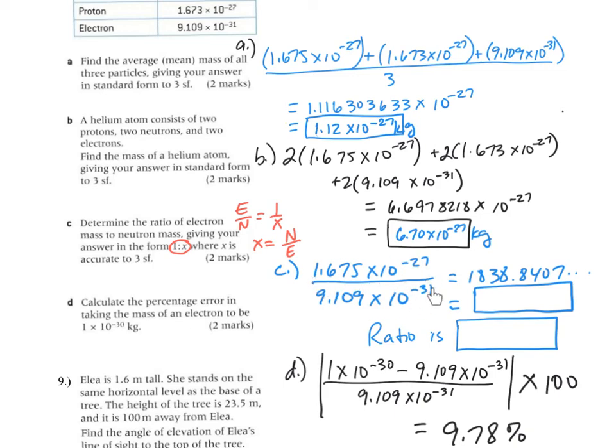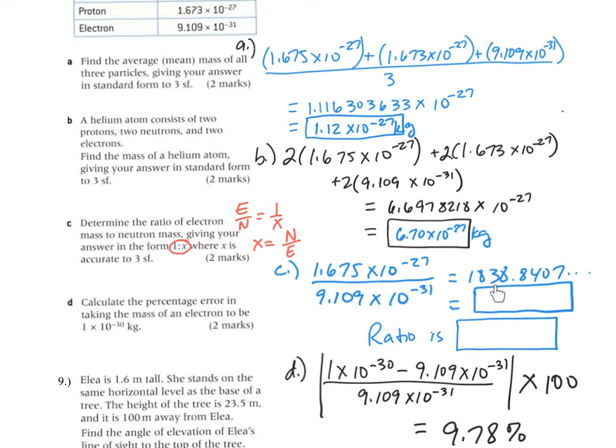And then let the calculator do this. By the way, all of these calculations are done completely on the calculator. Just type it into Desmos as it appears. This is what we're going to get. We don't need to put that answer in standard form, but we do need to put it to 3 significant figures because of the directions. So here's our first significant figure, our second one, and the third significant figure.